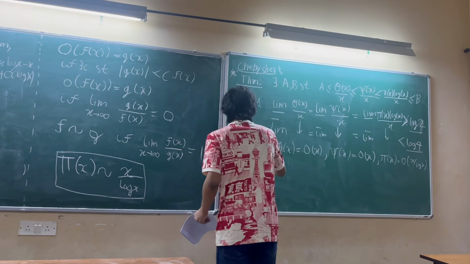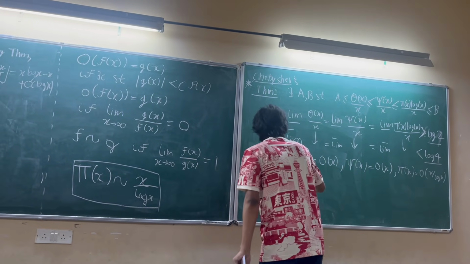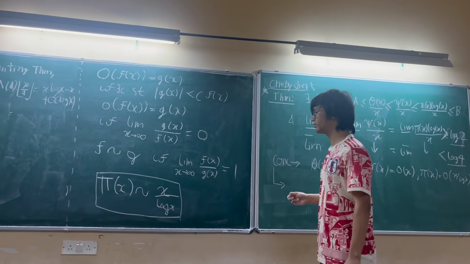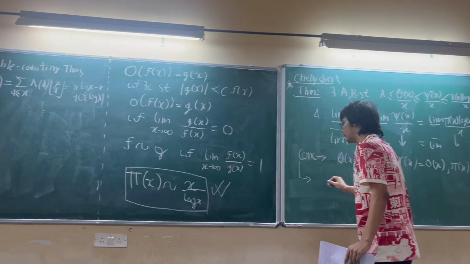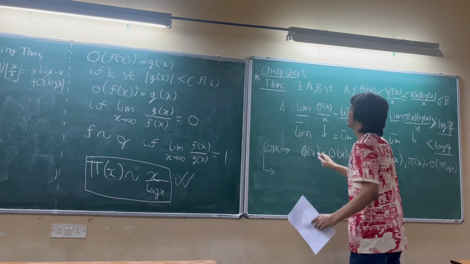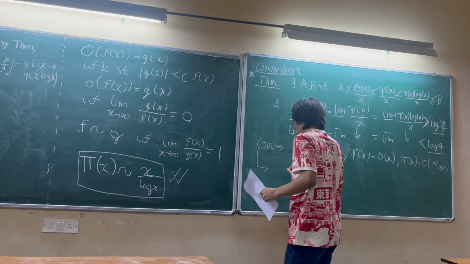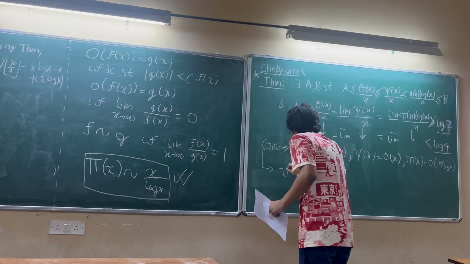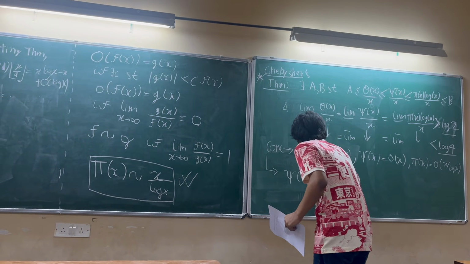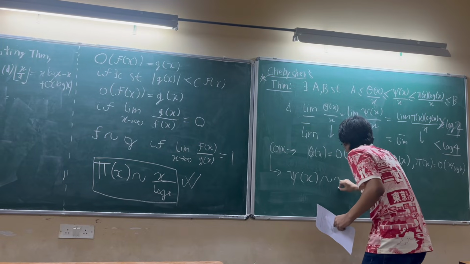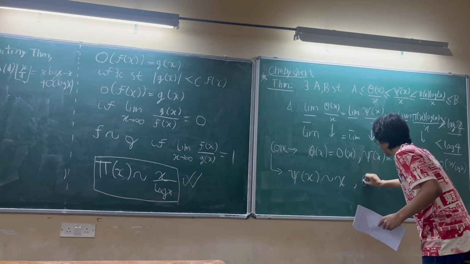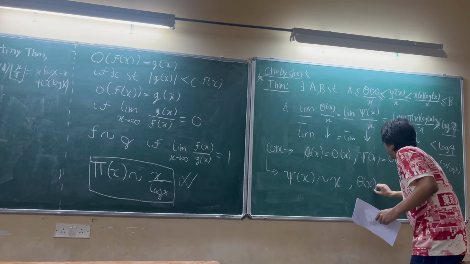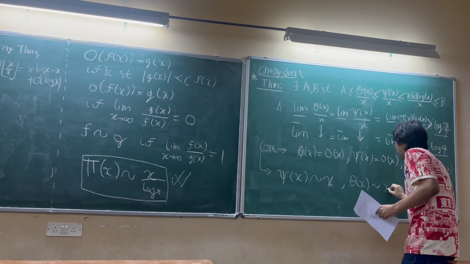And from this particular conclusion, you can clearly see that there are three equivalent formulations of the prime number theorem. We had the original formulation here, but we can write two equivalent statements from Chebyshev's theorem. We can further conclude that the prime number theorem is equivalent to showing that psi of x is asymptotic to x, or you can likewise show that theta of x is asymptotic to x.